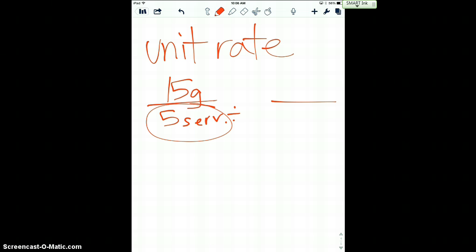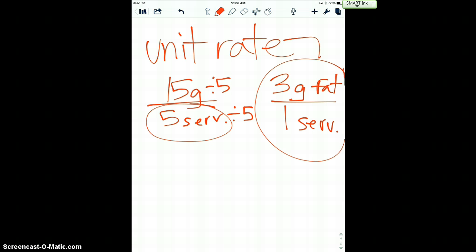I'm going to divide it to get it to be 1 serving. So what would I divide that by? I'm going to divide it by 5, meaning I'm going to have to do the same thing to the numerator, keep it proportional. So 15 divided by 5 is 3 grams of fat for 1 serving. So that's an example of a unit rate.